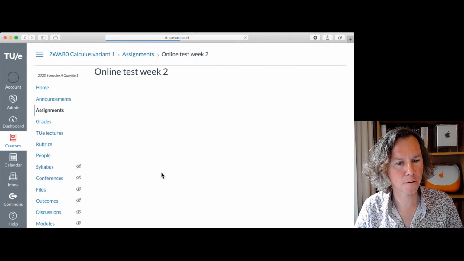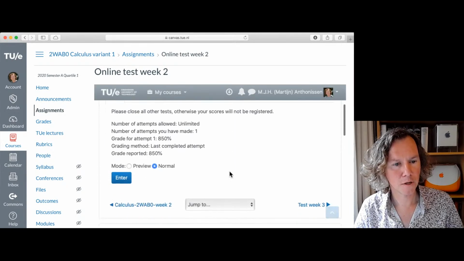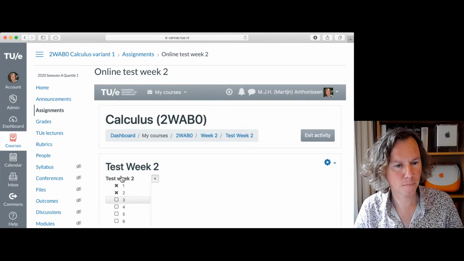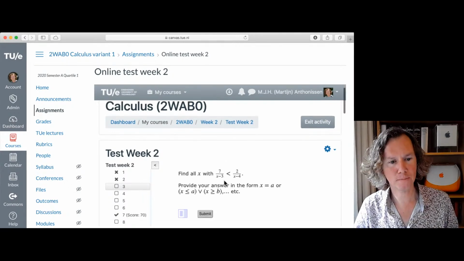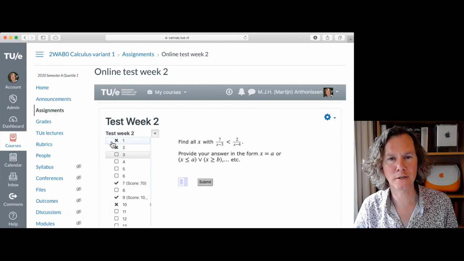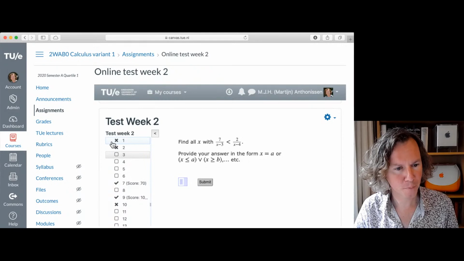So let's click there. And then this looks a bit intimidating, but I just press enter. And you see, I already tried to solve a couple of questions. I didn't do very well because if I have a cross there, it means that I didn't do it correctly. I scored 0 points.